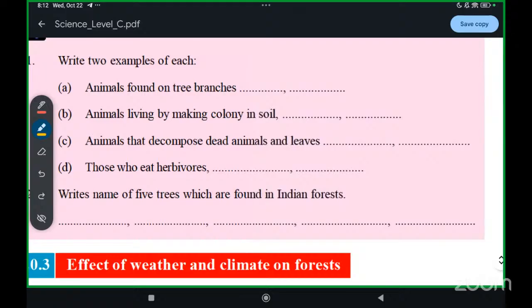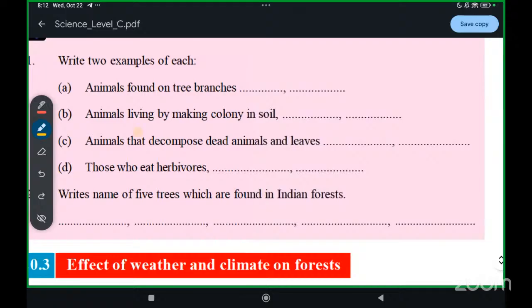And those who eat herbivores? Carnivores, lion and tiger. Yes.